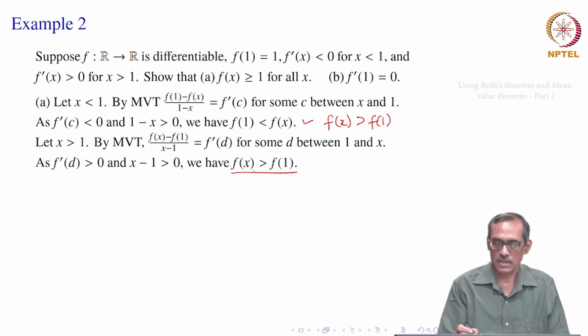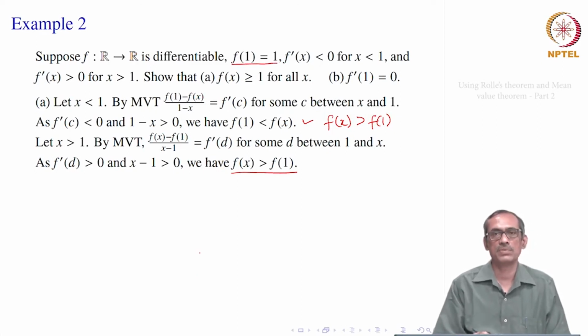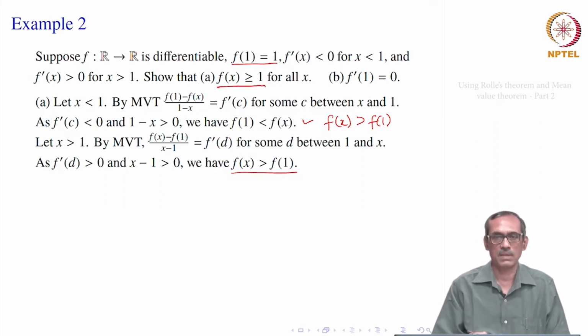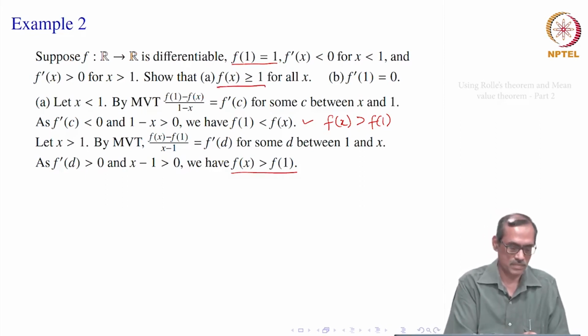And this is about all points x which are not equal to 1. When x equals 1, what happens to f of x? It is f of 1 and that is known to be equal to 1. Therefore, whichever x you may choose from R, f x must be greater than or equal to 1. That is our conclusion. So, A is proved.